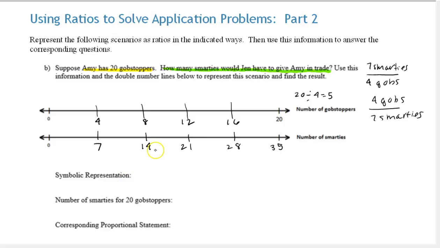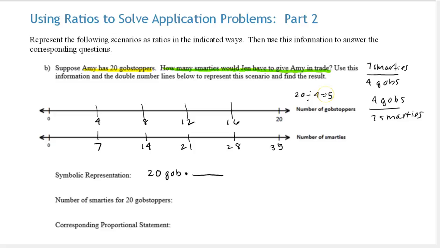So remember, the amount we're starting with is 20 Gobstoppers. So let's write this as 20, and again I'm using the units. Get a fraction ready because I'm going to write the correct corresponding ratio. Now remember what we did here. We partitioned the number of Gobstoppers into groups of 4.